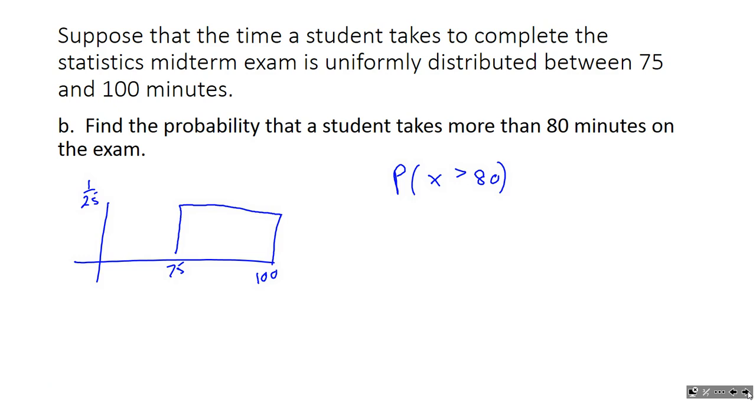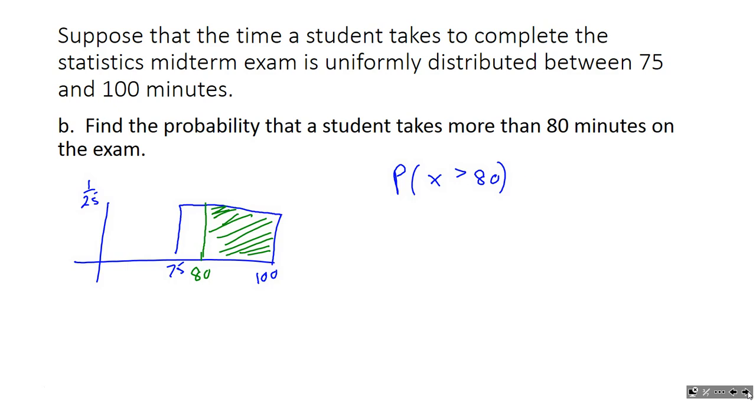Let's put 80 here, probably not drawn to scale, and draw a vertical line. As a shaded area, greater than 80 means all these values between 80 and 100. If I had said less than 80, I would have shaded the other sliver between 75 and 80.